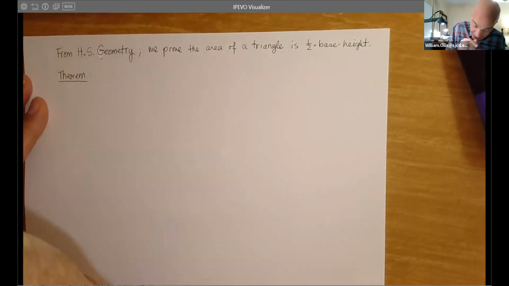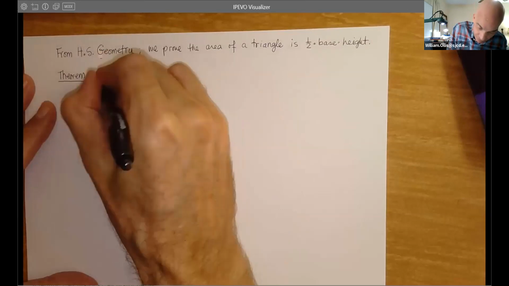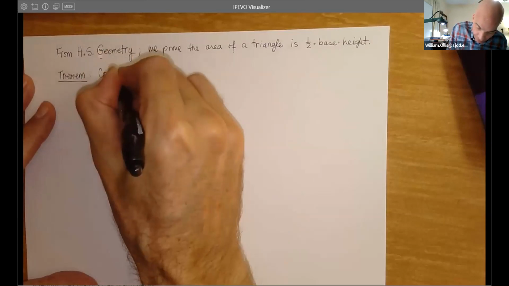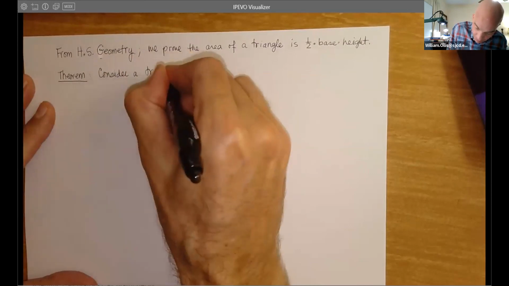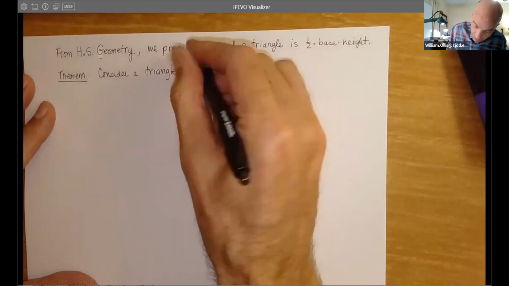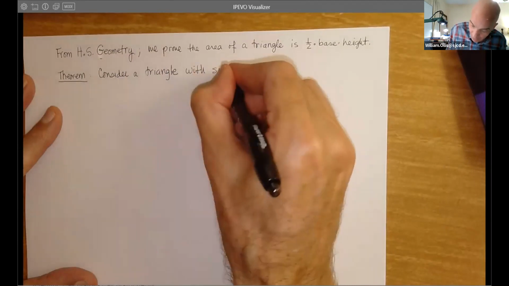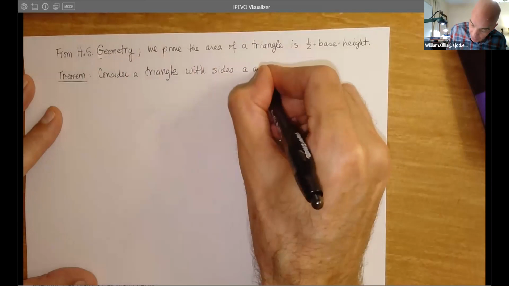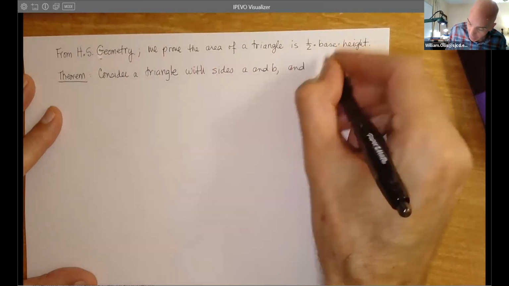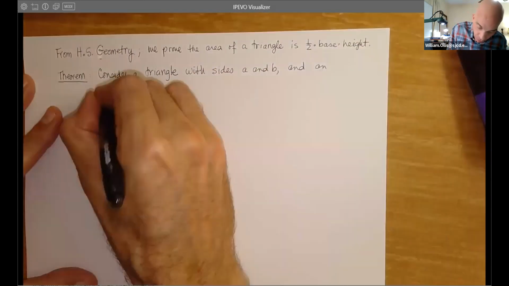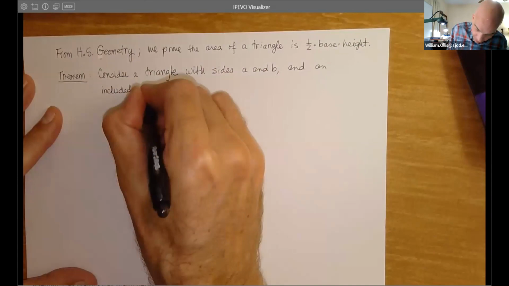We can say this, consider a triangle with sides A and B and an included angle theta.